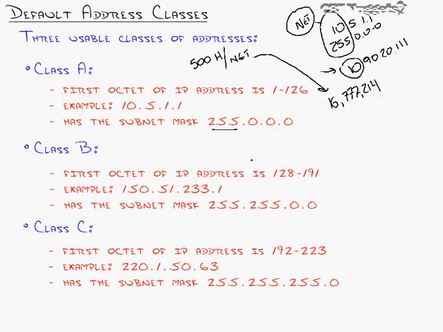Class B networks are networks that have subnet masks of 255.255.0.0. For example, you can see right there 150.51. Why do I rewrite the example that I just wrote a moment ago? Right there, 150.51, 233.1. This represents the network. This represents the host. So we have 2 octets for the host.